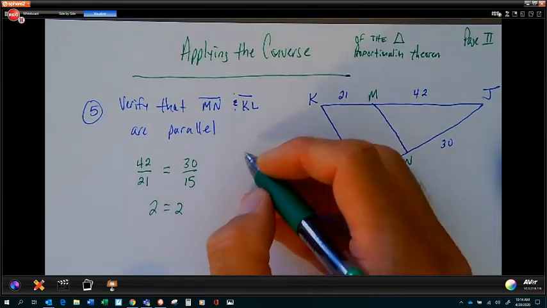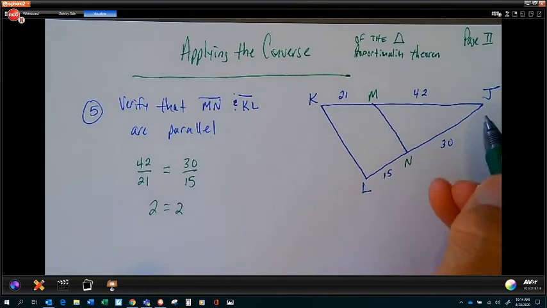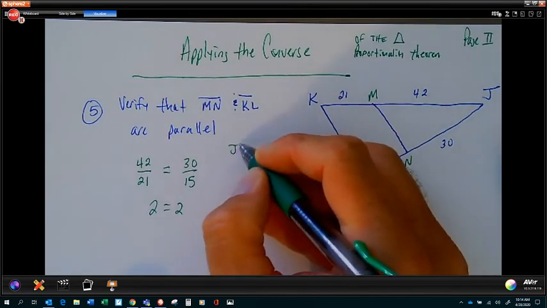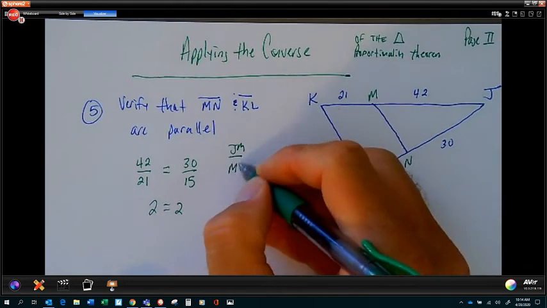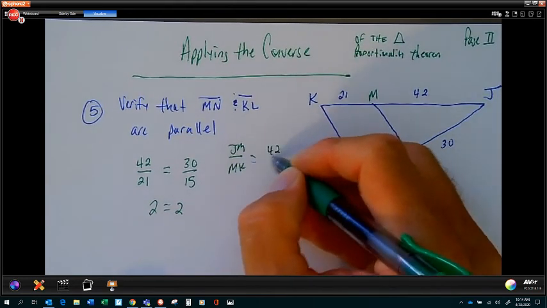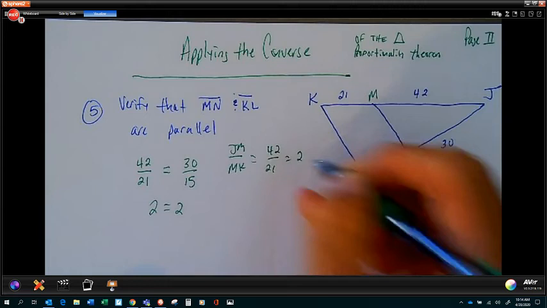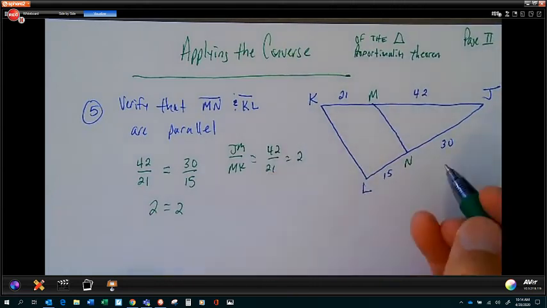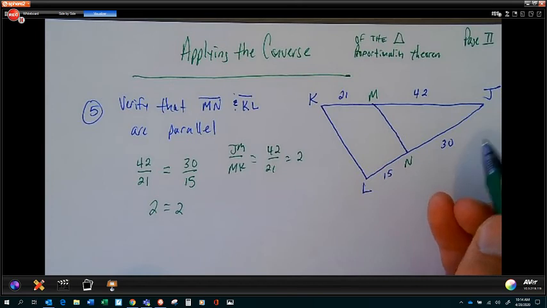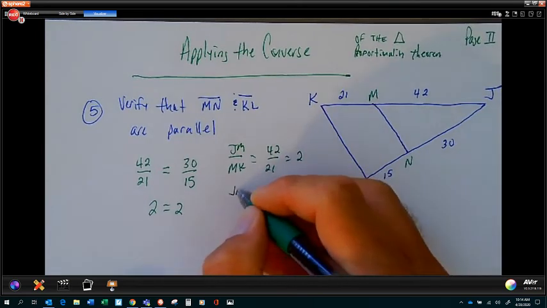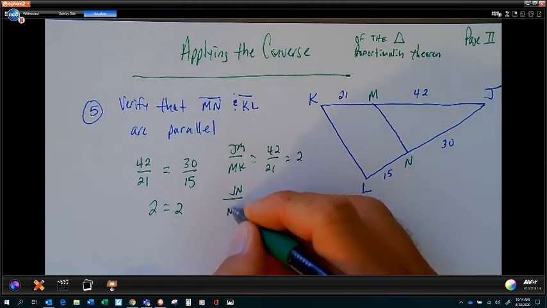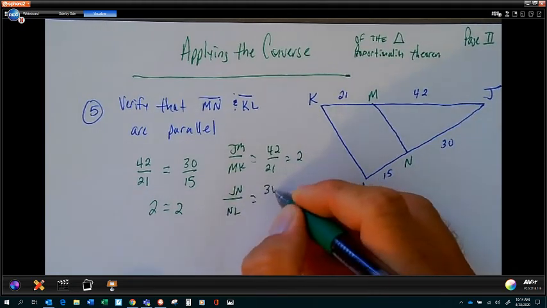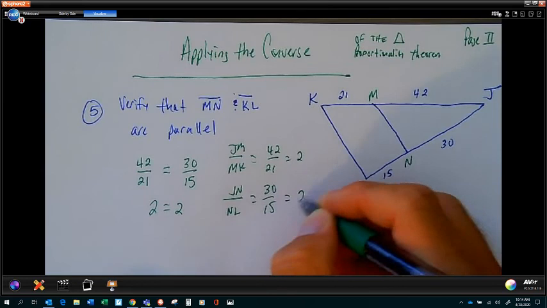Another way to do it is to just say that JM to MK is equal to 42 over 21, which is reducible to 2, and JN to NL is equal to 30 over 15, which is also equal to 2.